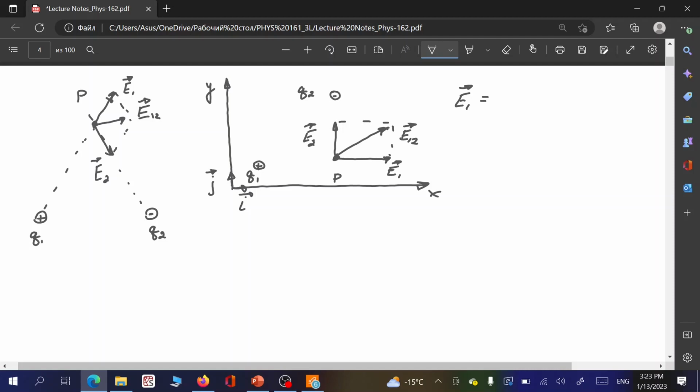Well, you said that it repels from a positive charge and it attracts to a negative charge with the electric field.